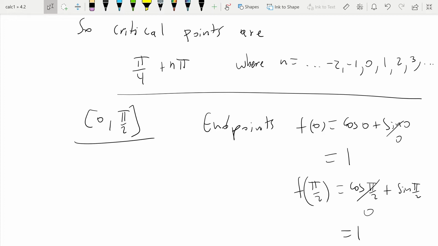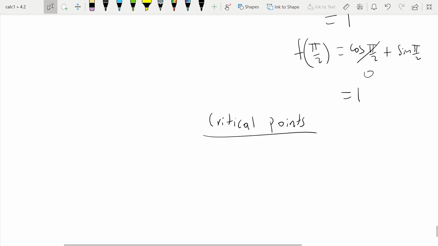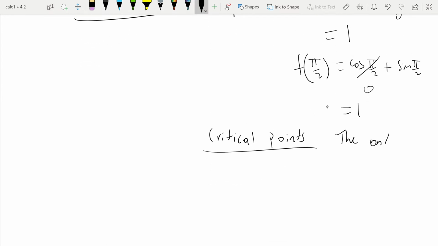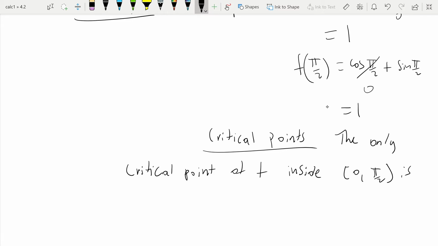It's already greater than pi. And when we subtract pi from pi over 4, we land outside of the interval again because we get a negative number. So the only critical point of f inside [0, pi over 2] is pi over 4.